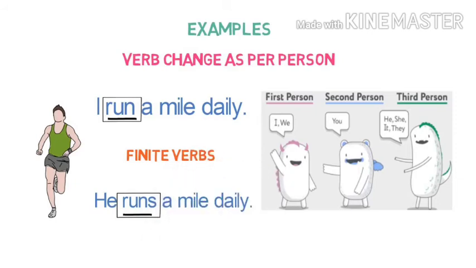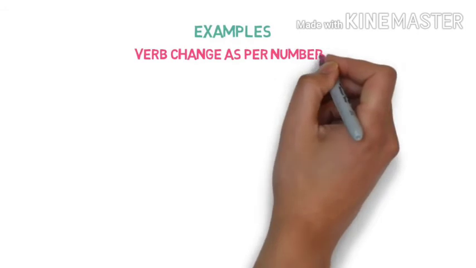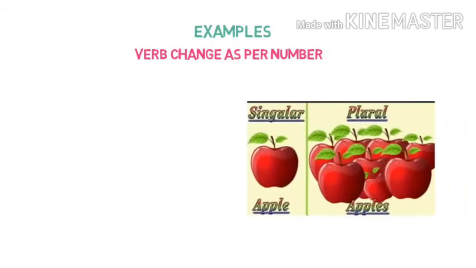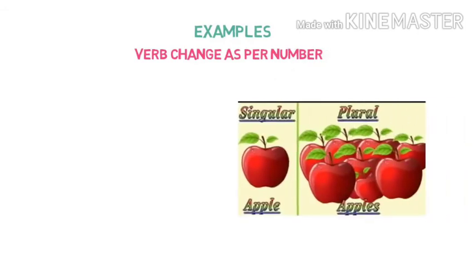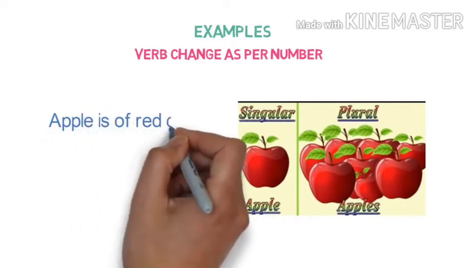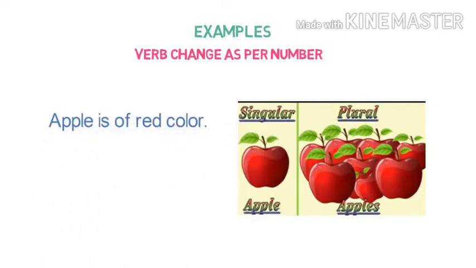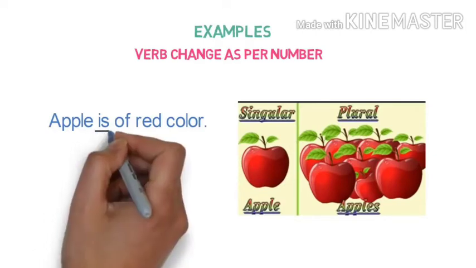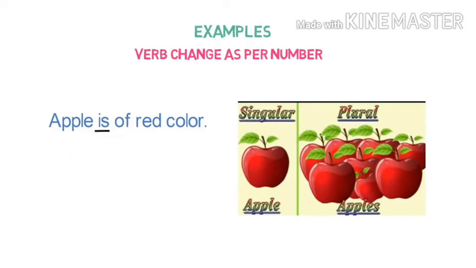Now that you are clear how finite verbs change as per person, let's look into the example of verbs that change as per number. That is, the subject is singular or plural. Apple is of red color. The subject apple is singular. Here the verb is. Now let's look into another sentence.